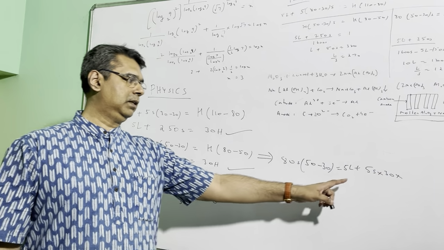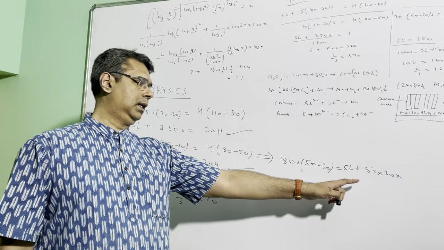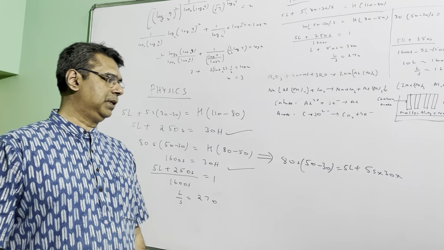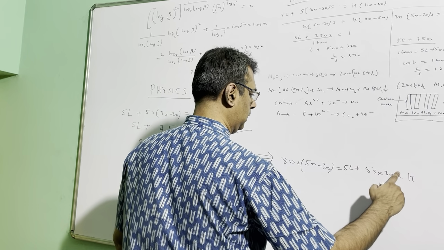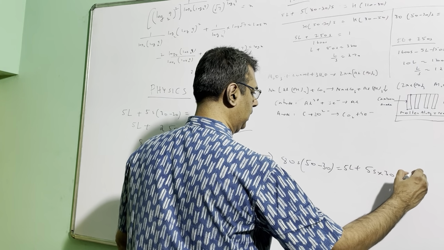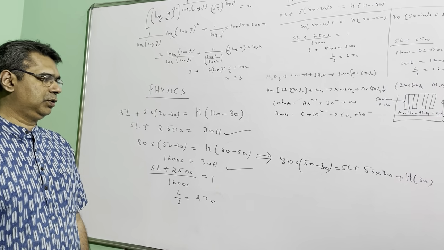Because I am not allowing the vapor to escape, you have to remember that the temperature is coming down from 80 to 50, plus for the calorimeter, as usual, it is H into 80 minus 50, which is H into 30.